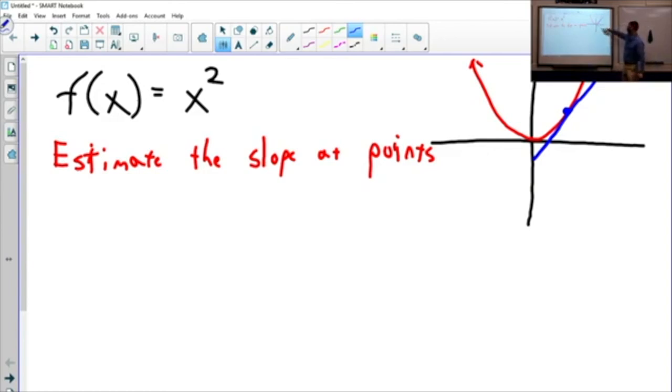So it crosses through it at exactly that one point. And we call that line a tangent line. You learned this when we did circles. And we said a tangent line to a circle crosses through the circle at exactly one point.